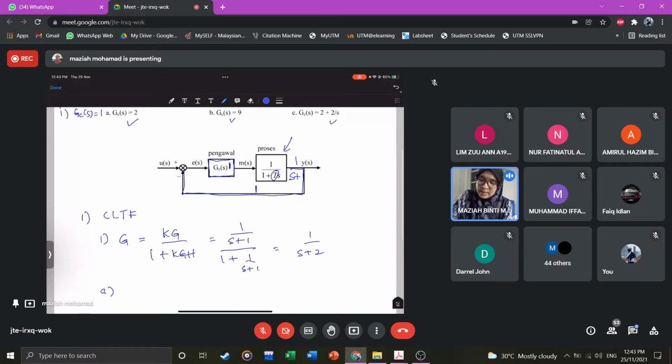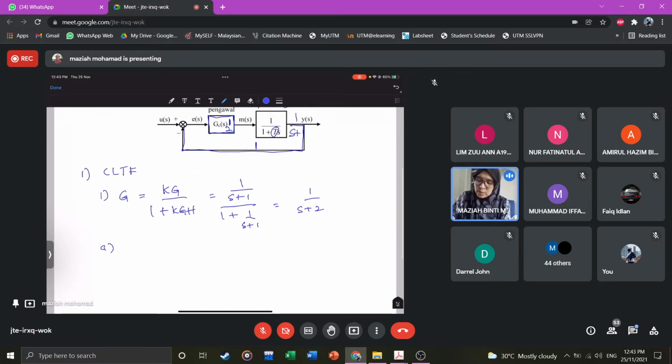For A, the gain is equal to 2. So it becomes 2 over S plus 1, divided by 1 plus 2 over S plus 1. That will give you 2 over S plus 3. So this is the transfer function when the controller is equal to 2.